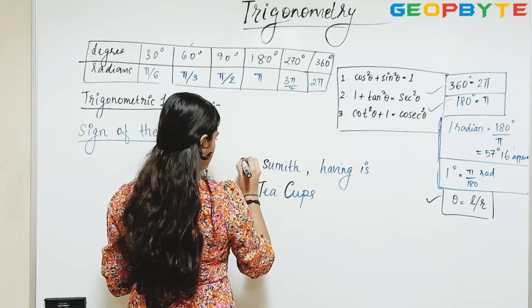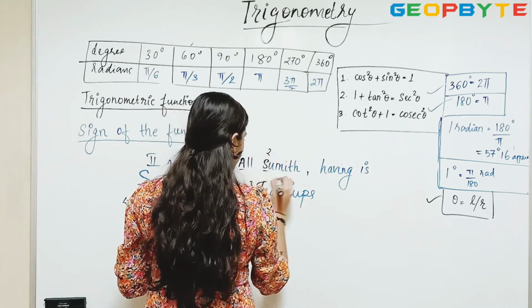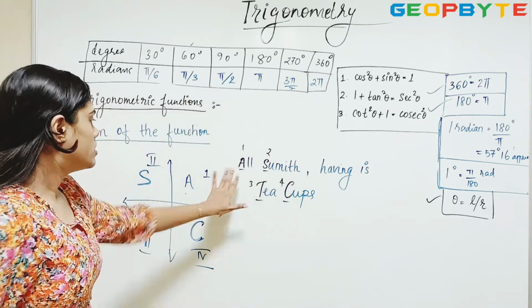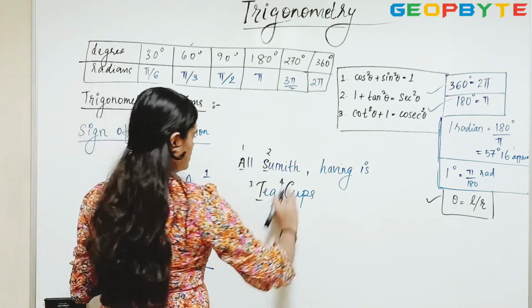So don't forget this sentence, A, S, T, C. 1, 2, 3, 4 are my quadrants. I'll tell you what this means.